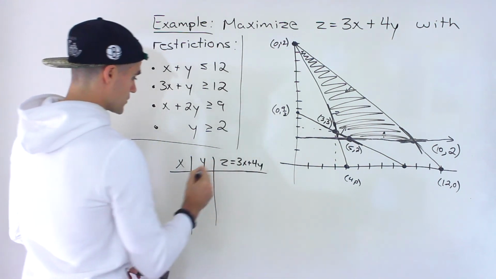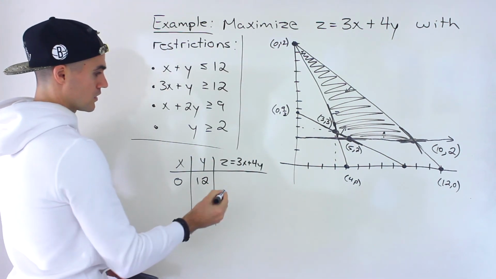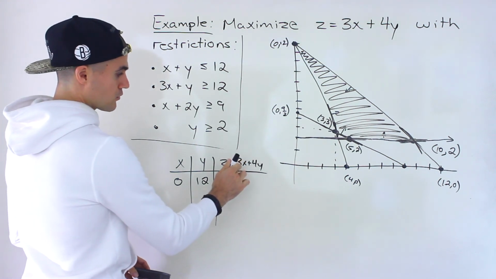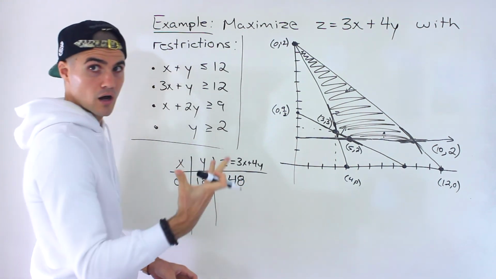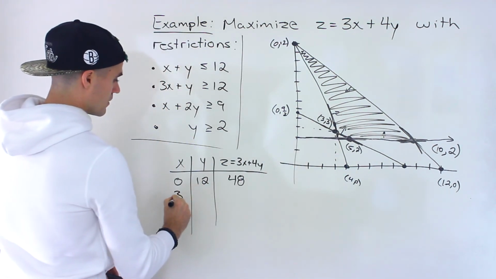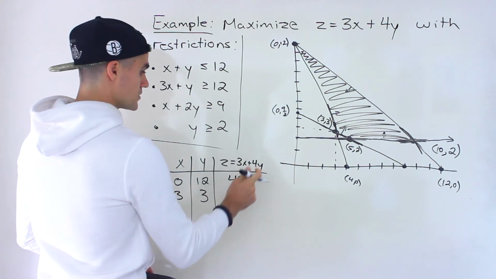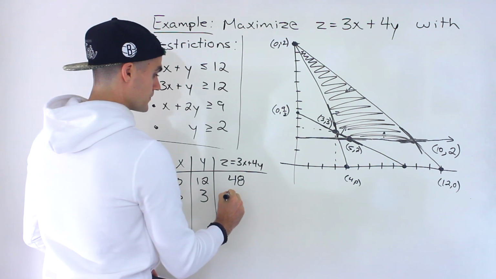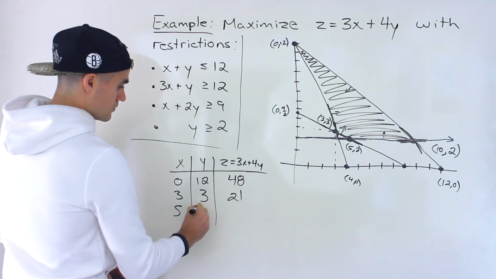Starting with this first point, we've got an x value of 0 and a y value of 12. If we plug it into this formula, 3 times 0 plus 4 times 12 would give us a z value of 48. Moving to the next point, 3 and 3. Plug in 3 here, plug in 3 here, we'd end up with 9 plus 12, which would give us 21. 5 and 2.